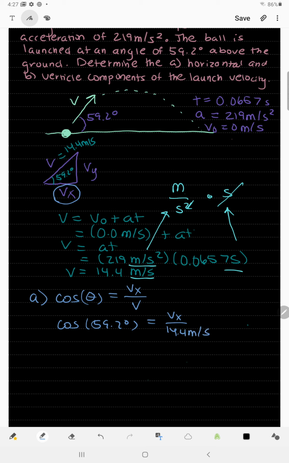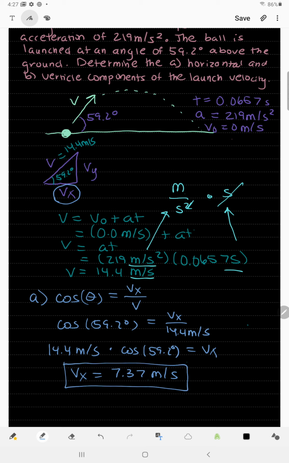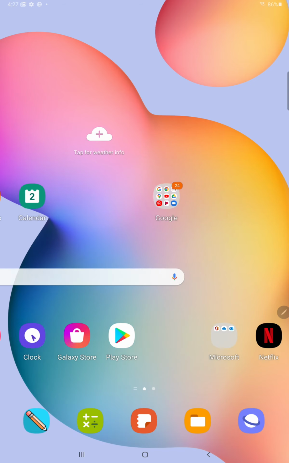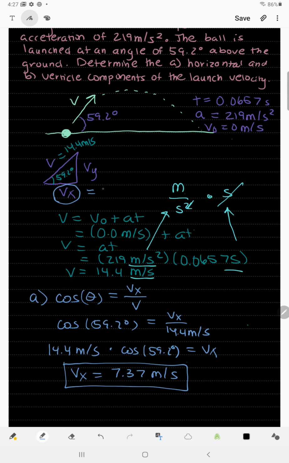I'm going to multiply by the 14.4 meters per second to isolate Vx. When you calculate this, you should get 7.37 meters per second. Another thing to note is that your calculator should be in degrees mode, because otherwise if you put it in radians, you'll get a really wacky number that's incorrect. I can also put this piece of information into our diagram.